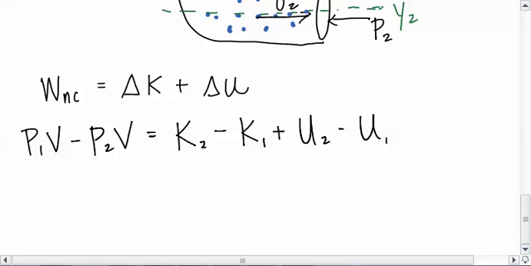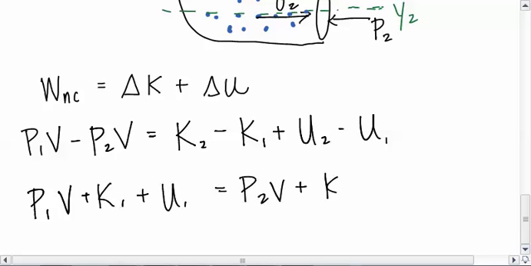Is that okay? Now let's get all of our 1s and 2s together. This is going to look like a big party. So P1V plus K1 plus U1 would be equal to P2V plus K2 plus U2. Did I do that right?